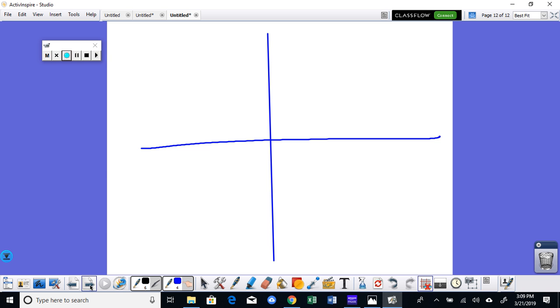Over here in the top right, which quadrant? Top left. Bottom left. And the bottom right? 4.